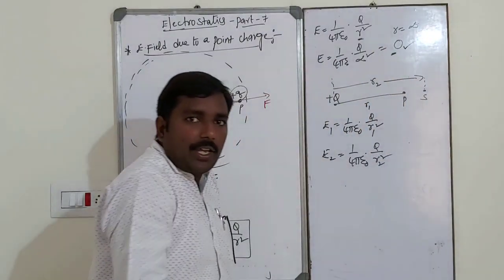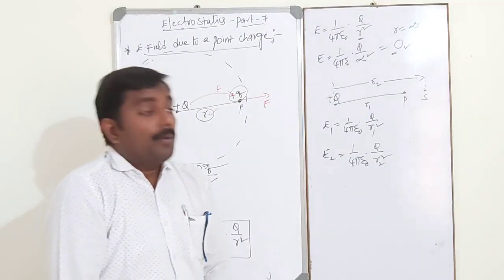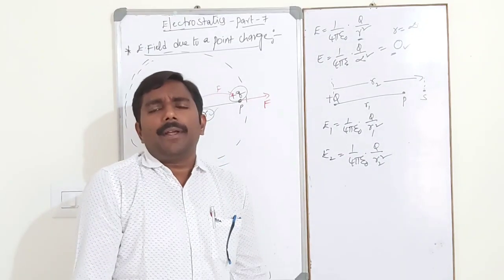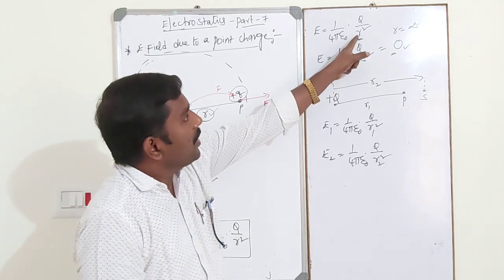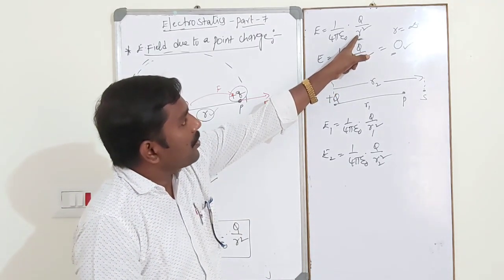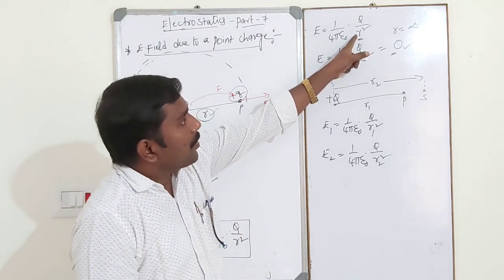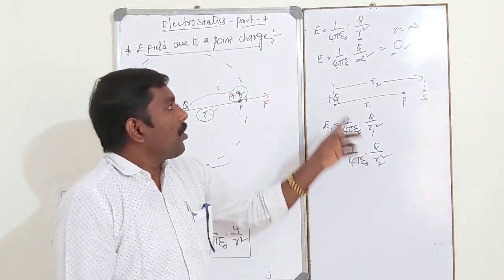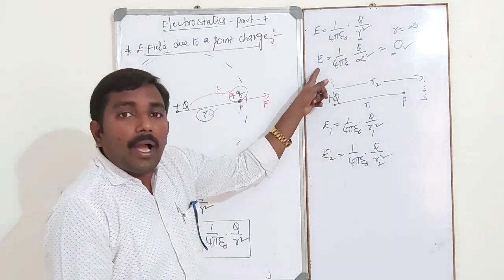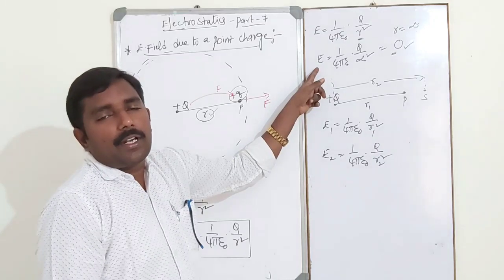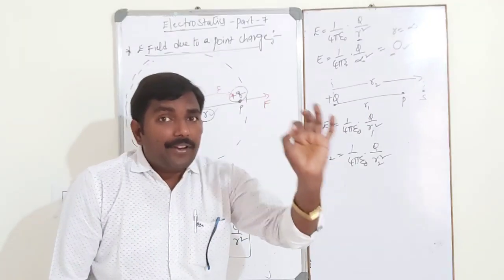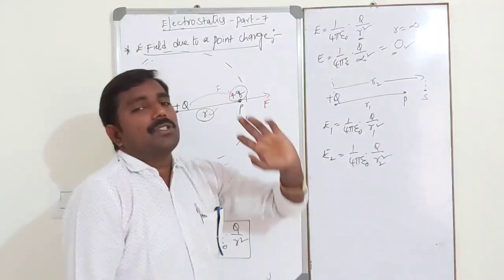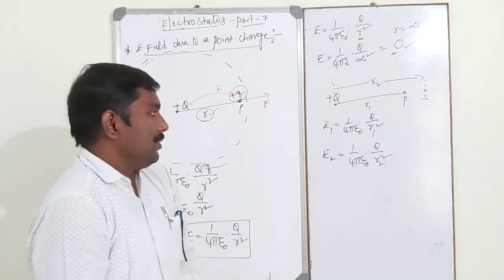At infinite distance, the electric field is 0. Before infinity, some value will exist. Substituting any r value, some quantity of electric field will appear. So, only at infinite distance will the electric field be 0.